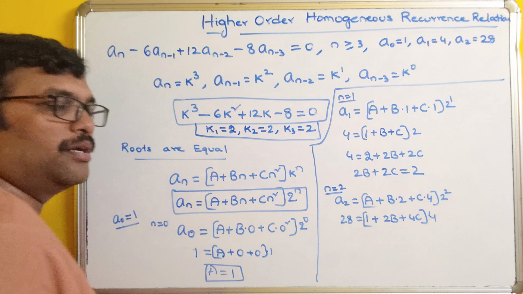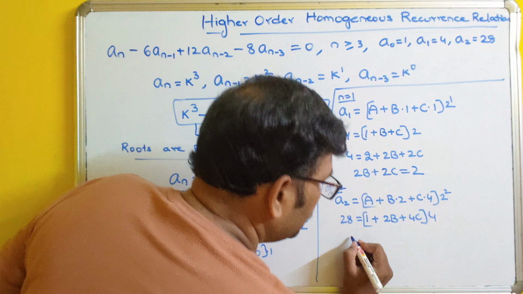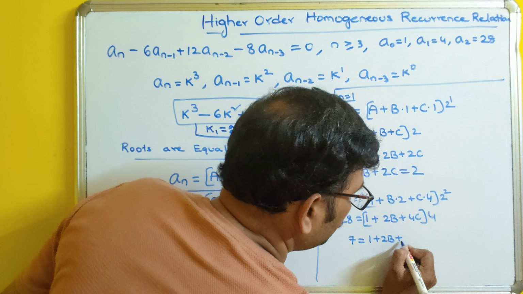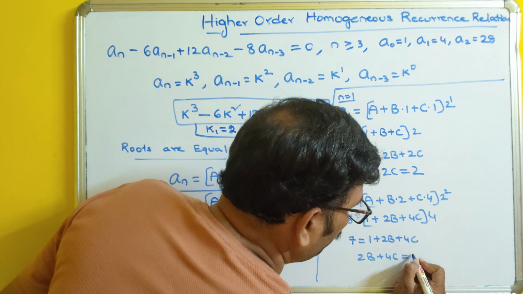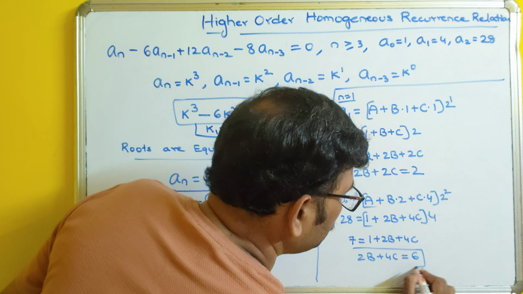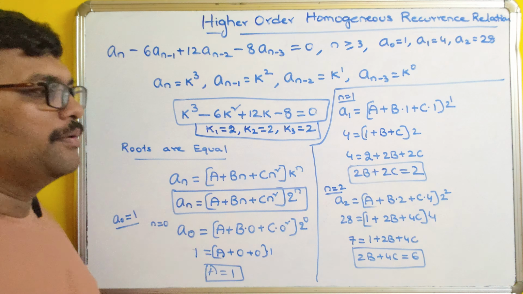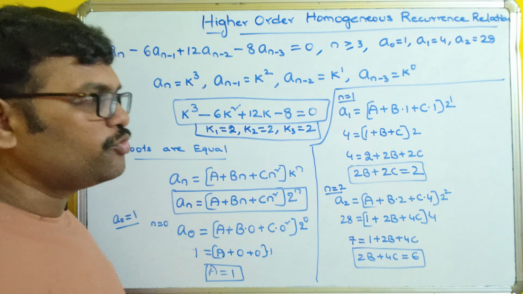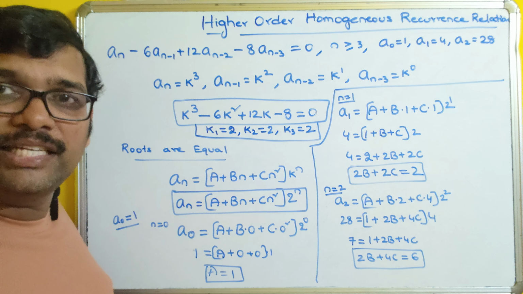So 7 is equal to 1 plus 2b plus 4c. So 2b plus 4c is equal to 6. So this is one more equation. So we got our two equations with b and c. From these two equations, we can find the values of b and c.